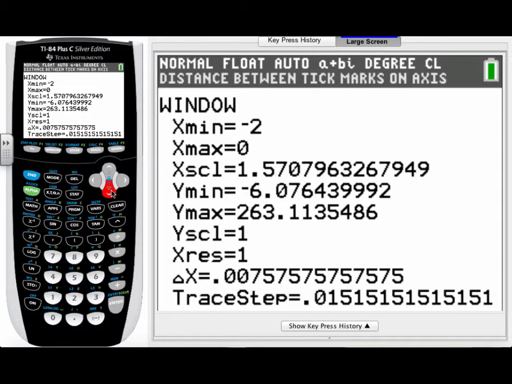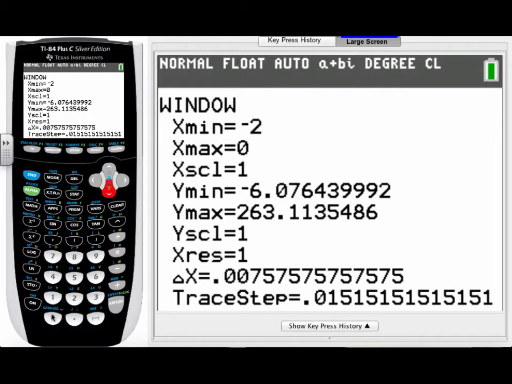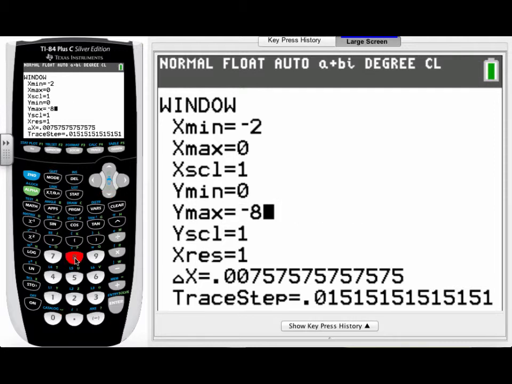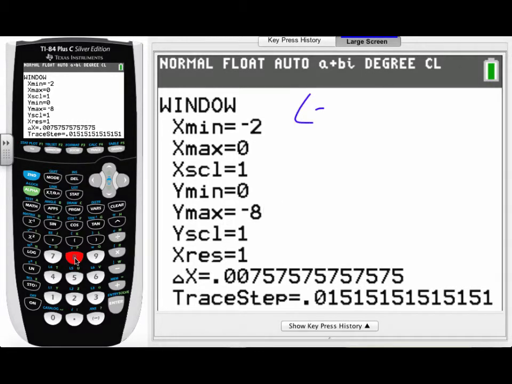So we could do 0. Whoops. We want that to be 1. But here we could do 0 to -8. Right? Now, what I want to point out to you guys is that we're saying that our vertex is -5/6. All right? That lives between -2 and 0.